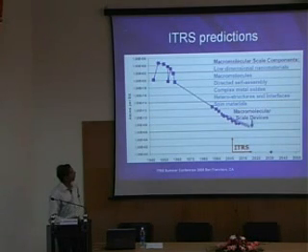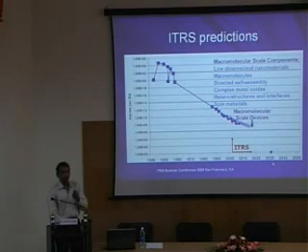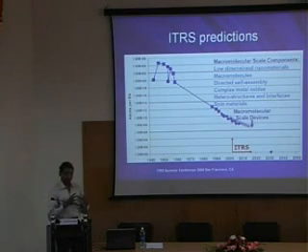Earlier we were using bulk materials, and you can see that you have to use a large number of atoms to store a bit of information. But by about 2035, we will be using only one atom to store one bit. So the size and the level of complexity of these systems is increasing.